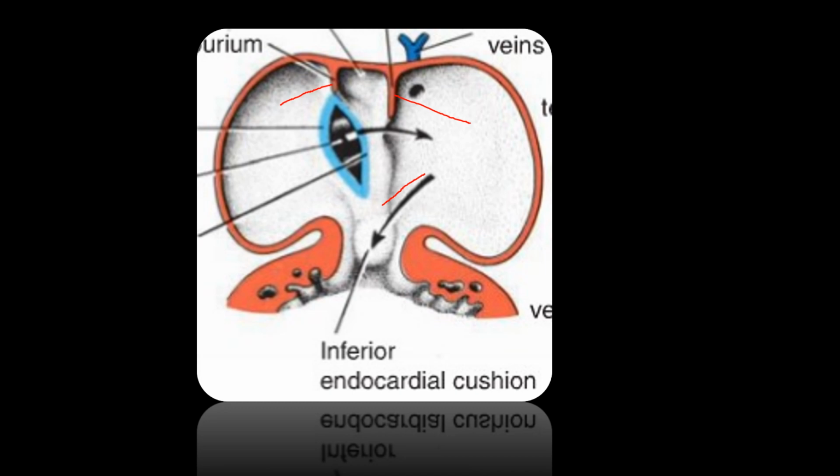At first the caudal edge of the septum primum is free and concave, which is directed towards the septum intermedium. So a gap is formed between the septum primum and septum intermedium, and this gap is called foramen primum.